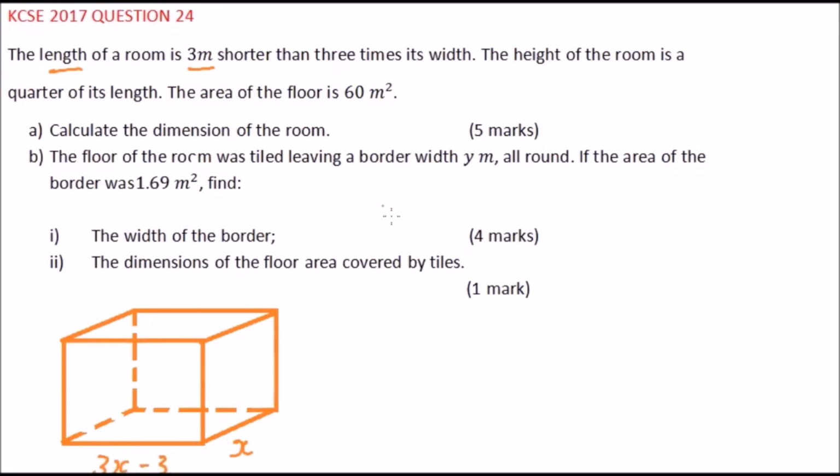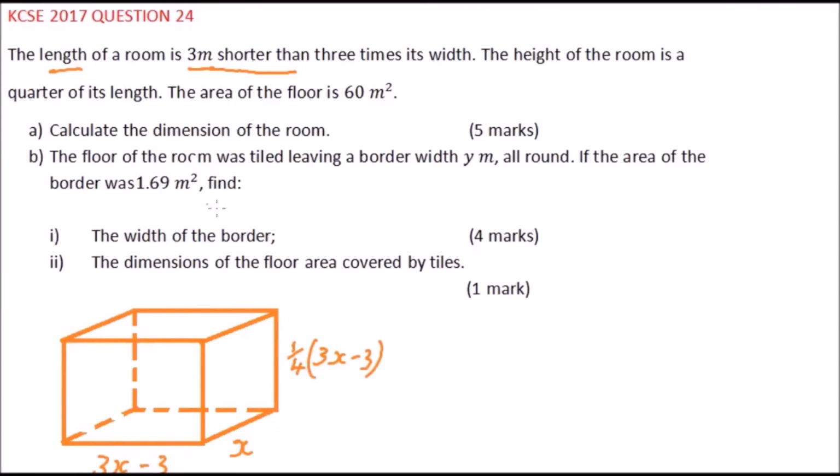That is what this statement says. Then we are told the height of the room is a quarter of its length. So the height, we can say it's 1/4 of the length, which is 3x minus 3. So we now have the dimensions of our diagram.